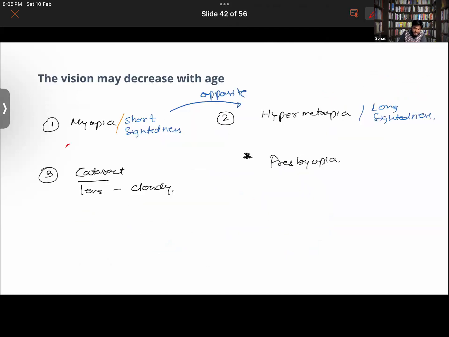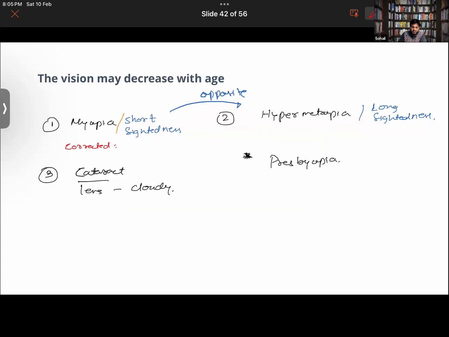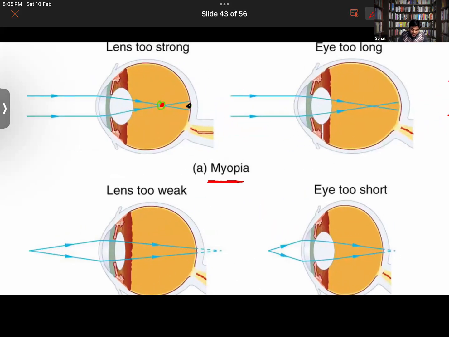So first of all, you tell me one basic thing. What we need to do is reduce the converging power of the eye lens. So thereby, what should be done? We should be using a lens that is diverging in nature. जो इन्हें थोड़ा और डाइवर्ज करता है, ये और डाइवर्ज होकर यहाँ पर मीट करें.